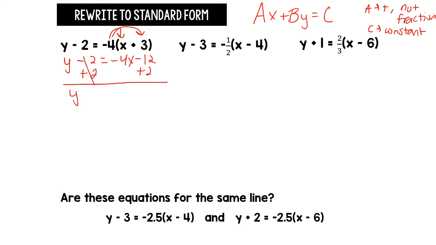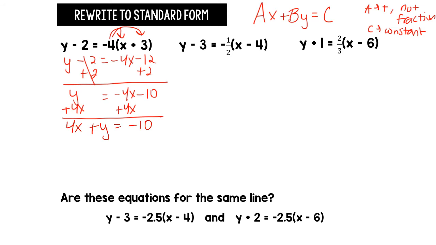So y equals negative 4x minus 10. To get x and y together, I'm going to have to add 4x to each side. Now, standard form, you'll notice x comes first, so we'll write it that way: 4x plus y equals negative 10.